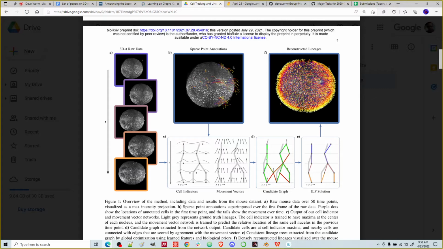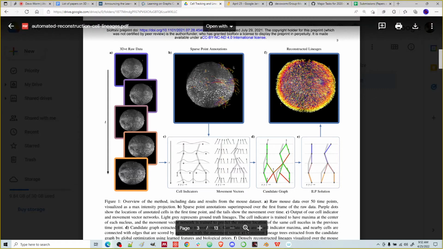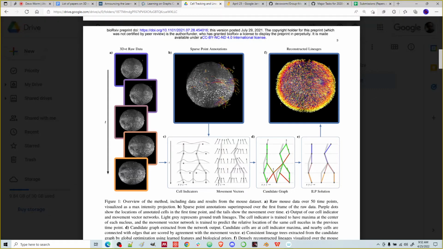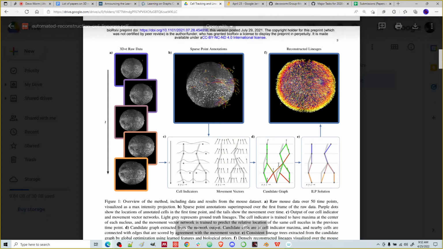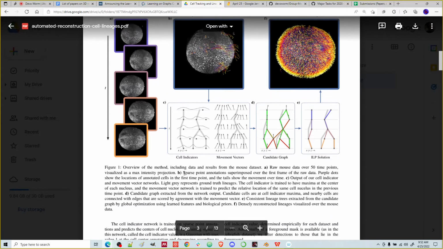So they're looking at the movement vectors of cells and the cell indicators, and they're looking at that in 3 dimensions. And then they build a candidate graph from that, which gives them information about the movement and where the cell is in the embryo, and then they're able to reconstruct the lineage because they're able to see how the cells with this marker are moving.